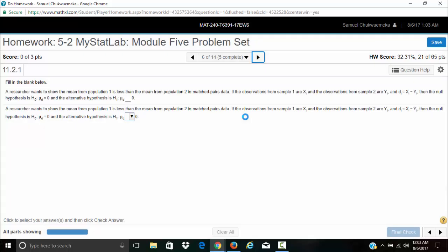Question 6. A researcher wants to show the mean from population 1 is less than the mean from population 2 in matched pairs data.